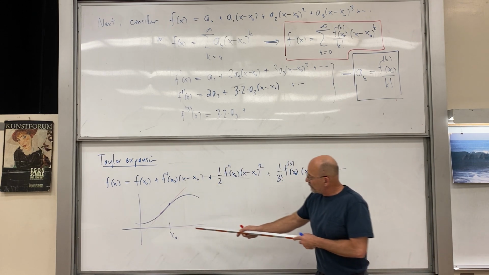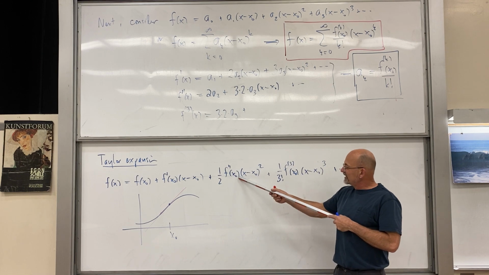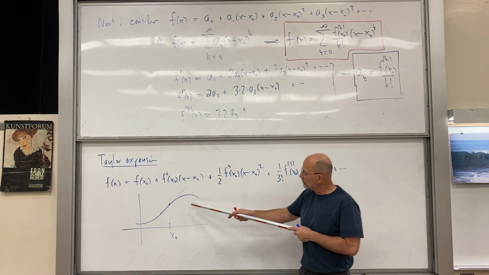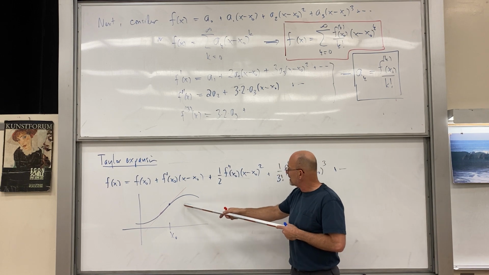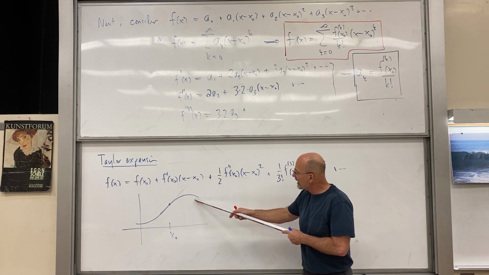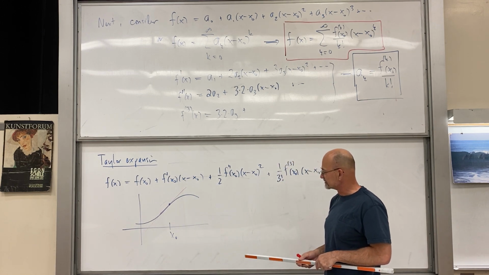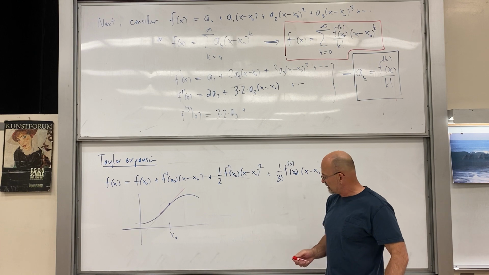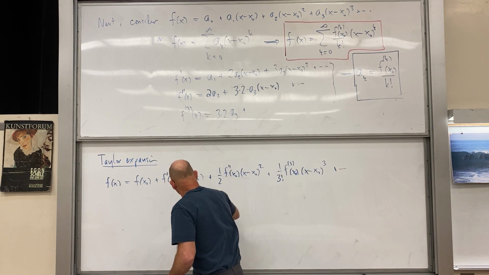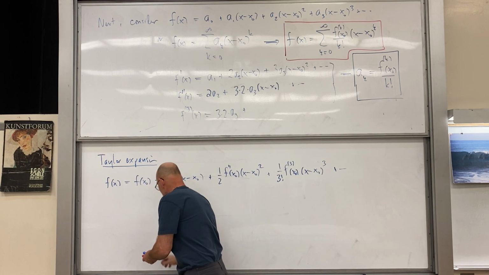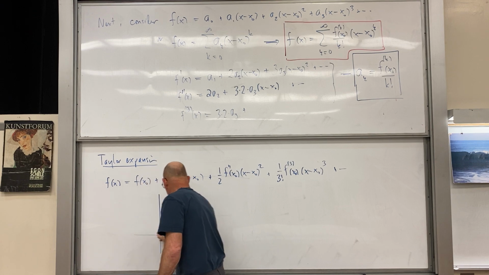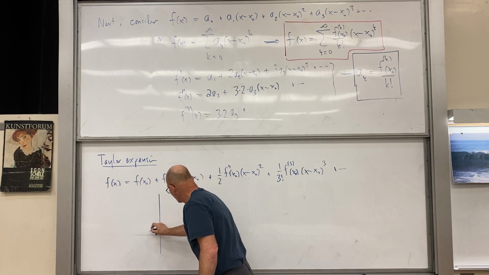But if I want to go further away from x0, I'm going to need this quadratic term, and it looks like the second derivative will have a minus sign, right, to pull this down. In fact, let me even, gives me a good idea. Okay. So let's actually accentuate that.